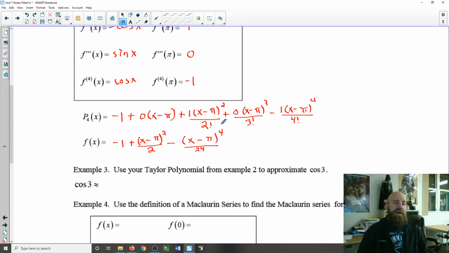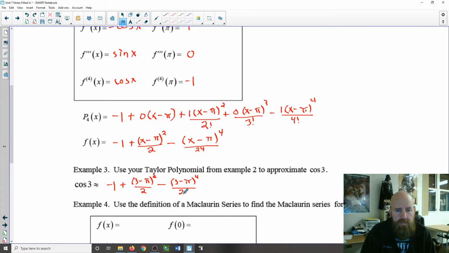Now it says use the Taylor polynomial from example 2 to approximate cosine of 3. So we have to take our polynomial and plug in 3 for x. We're going to see what we get. We could leave these as factorials if you wanted to, or expand them and write them out. So let's see what this is.